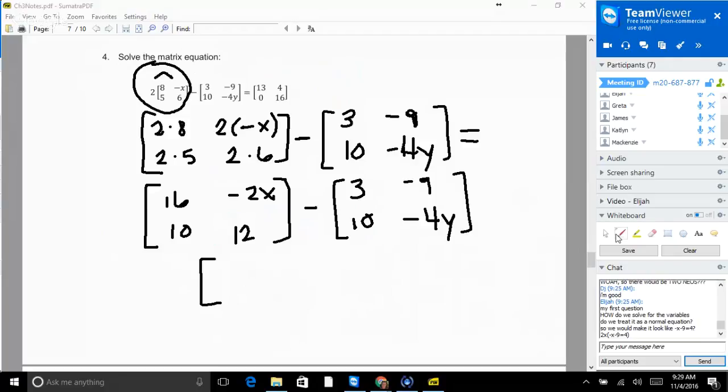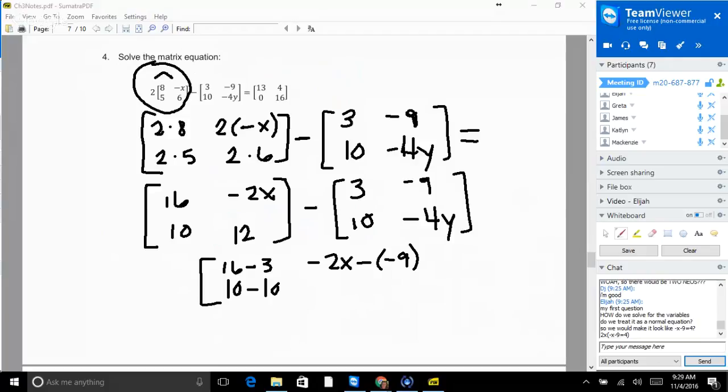So we're going to do 16 minus 3 is my first row, first column, right? We have negative 2x minus a negative 9. Yuck. We've got 10 minus 10 for our second row, second column.